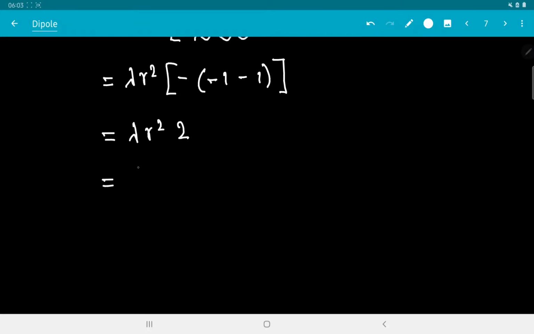Now let us put the value of this lambda, that is q divided by pi r. This is a half circle, so it will be pi r square into 2. This r square we can cancel. We will get 2q by pi.